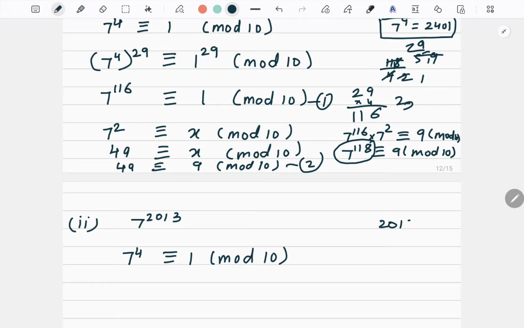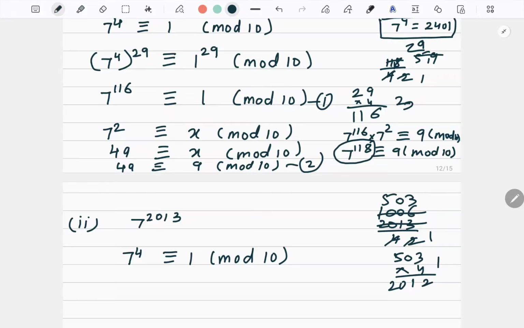So 2013 divided by 4, if I do, 503. 503 into 4: 4 threes are 12, 4 fives are 20. I am reaching 2012.